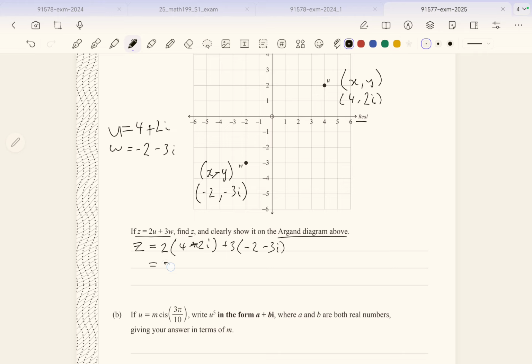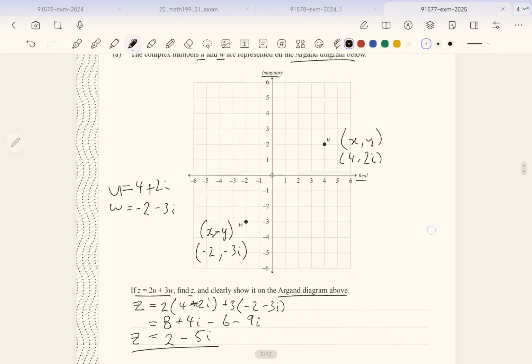Expanding out the brackets, we get 8 plus 4i minus 6 minus 9i. And simplifying that, we get 2 minus 5i. And that is our point for z.